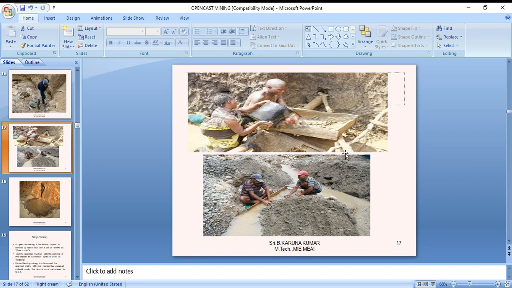Then in villages, around gold shops, some people collect the waste dumped by the gold shops and merchants. They take it home and continuously pour water over it. The high-value, high-gravity material falls down, so they get 1 or 2 grams. The market price now is 3,000 to 4,000 for even 1 gram. This operation is going on here.